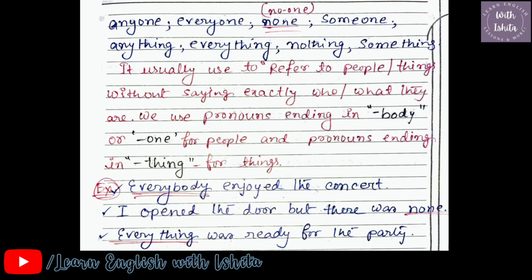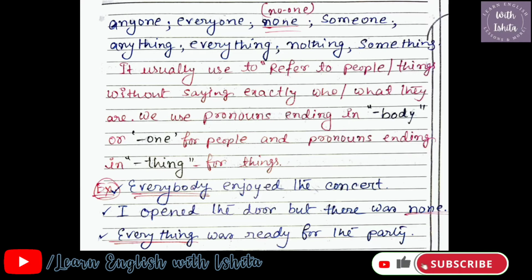We use pronouns ending in body or ending with one for people and pronouns ending with thing for things. Okay? For example, everybody enjoyed this concert. Next, I opened the door but there was none. Next one, everything was ready for the party.